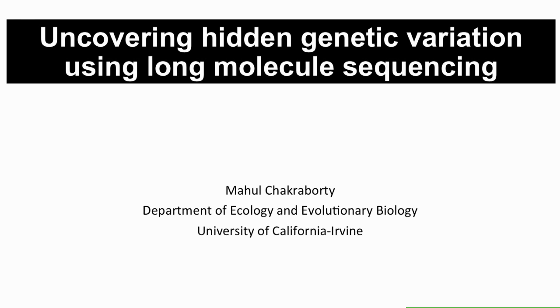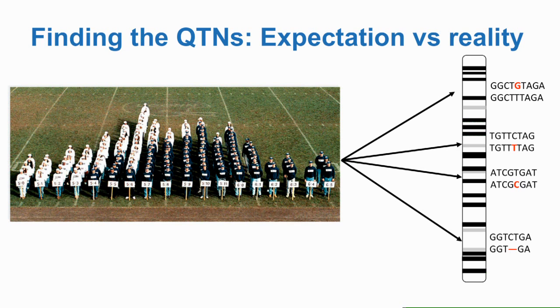Good morning, everyone. In the last couple of days, we have seen talks and posters on mapping phenotypic variation using GWAS or QTL. They were using genome-wide SNPs or small indel genotypes to map the traits, and what they expected to find were SNPs or small indels explaining the phenotypic variation.